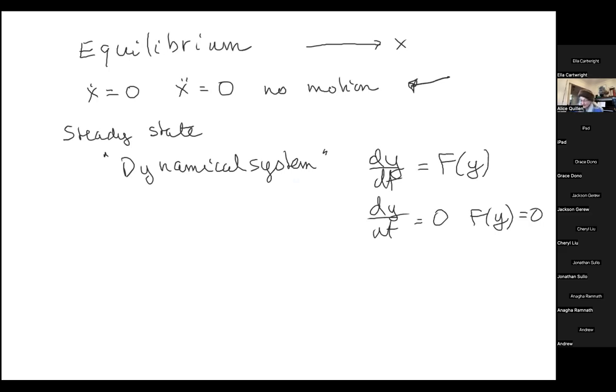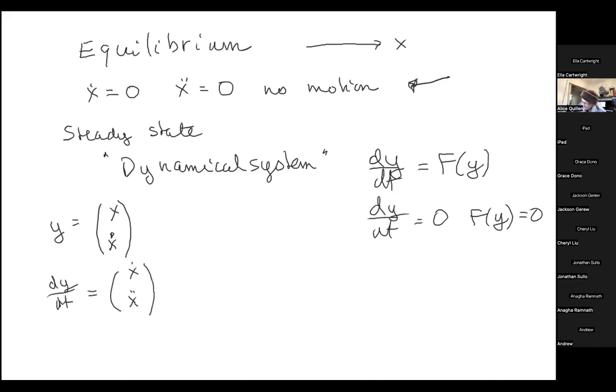But in this physics problem of a particle moving in 1 dimension, we actually have both the velocity and the acceleration equal to 0. So there's an easy way to generalize this, still a dynamical system, but we take y to have 2 components. y is equal to x and x dot. So it's got 2 components, and then dy dt is equal to x dot and x double dot.